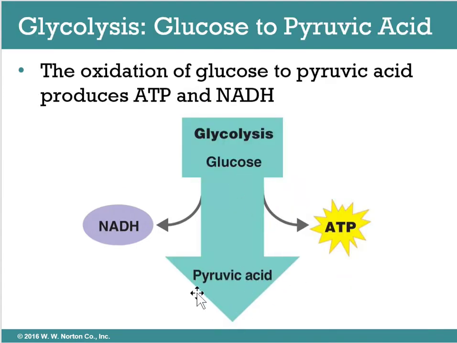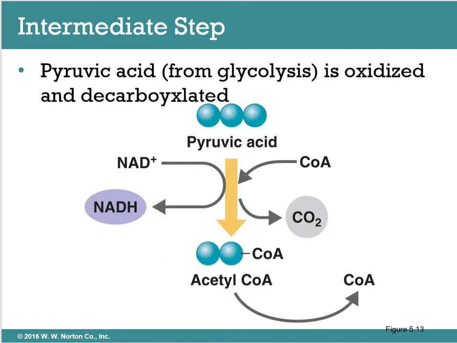From that pyruvate, you're going to turn it into something called acetyl-CoA. But in that process of the pyruvic acid going to acetyl-CoA, you pop off an NADH as well as a carbon dioxide. Okay?